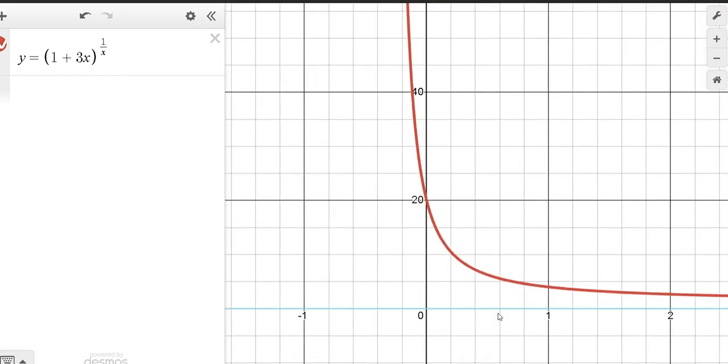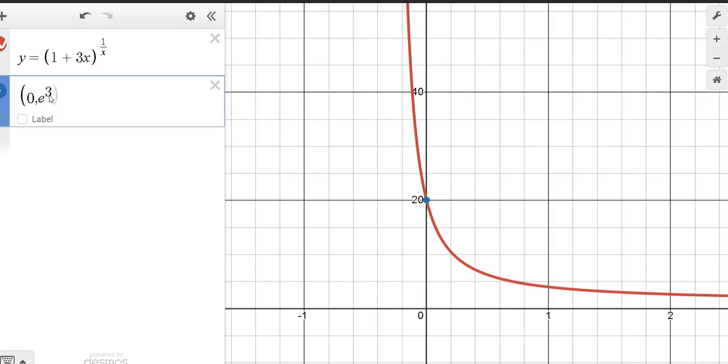Let's see if we can estimate what that point is. Now it's actually not defined right at 0. And you can see it when I hit it just right, it's undefined there. But it certainly looks like it's pretty close to e to the 3rd. Yeah, looks pretty good. So we feel pretty comfortable in our answer.